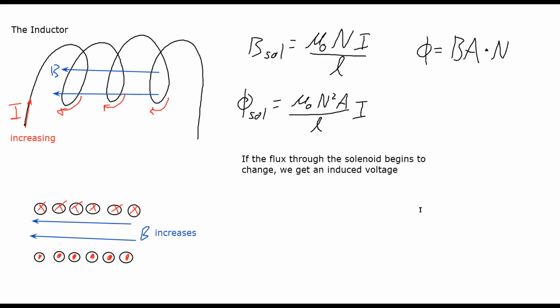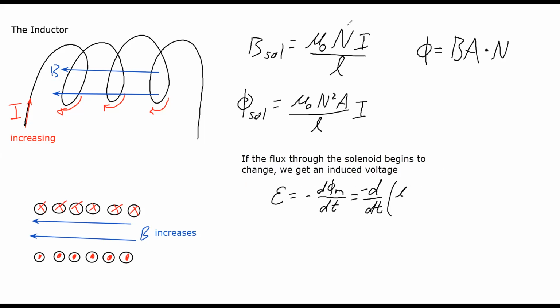So let's apply Faraday's law here. Faraday's law says, I'll put it right here like this. Okay, so that's Faraday's law. And so we could plug in here our equation for flux.